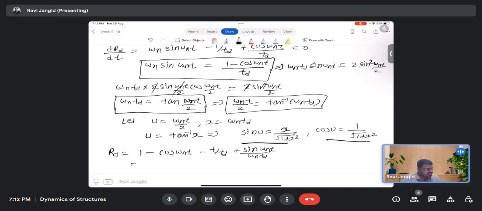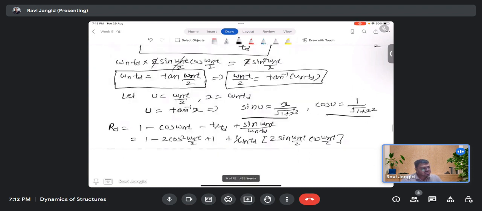I can rewrite it as 1 minus 2 cos square omega n t by 2 plus 1, plus 1 over omega n td into 2 sin omega n t by 2 and cos omega n t by 2.